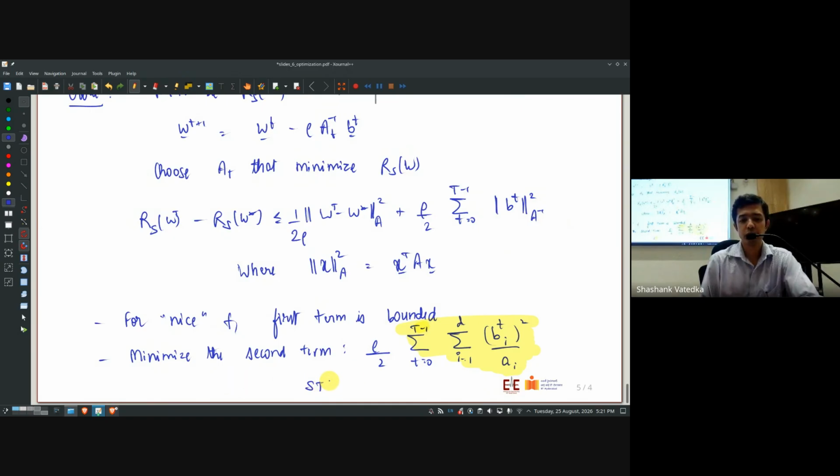So you impose the constraint that the summation of a_i square is less than or equal to alpha, just to ensure that this matrix A, or A inverse, is bounded.